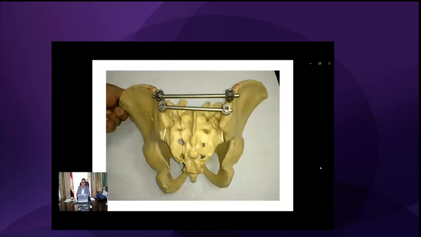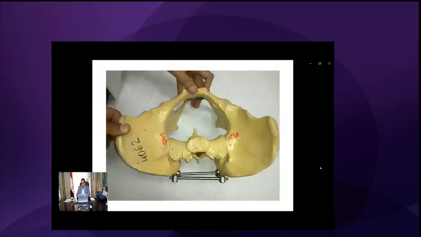But if we connect the sacral bar to iliac screws, and the iliac screws are passing from here and through the iliac bone, then by these screws the whole device is passing at least partially in front of the pivot point, and that's why this modification of the sacral bar worked very well. It's very minimally invasive.